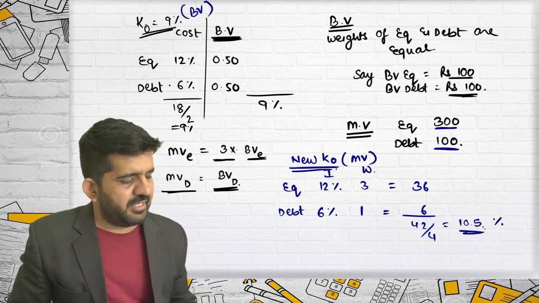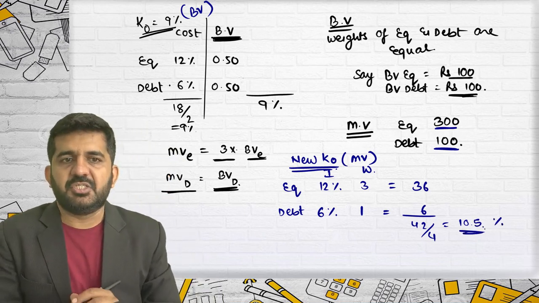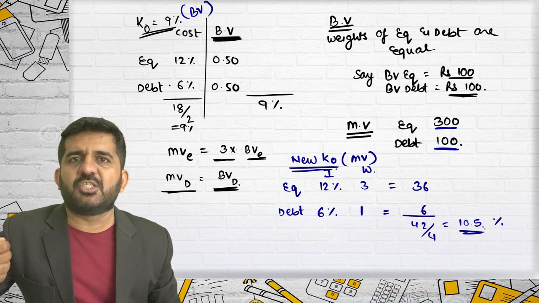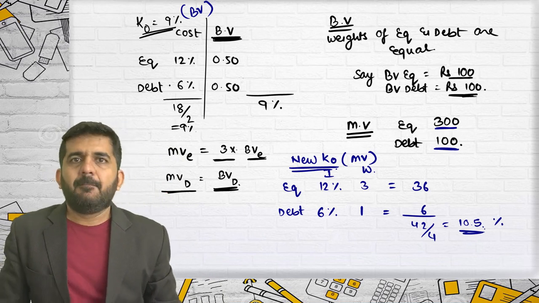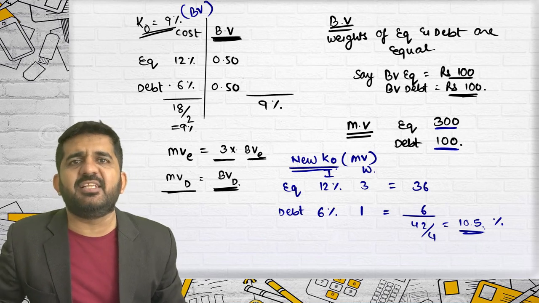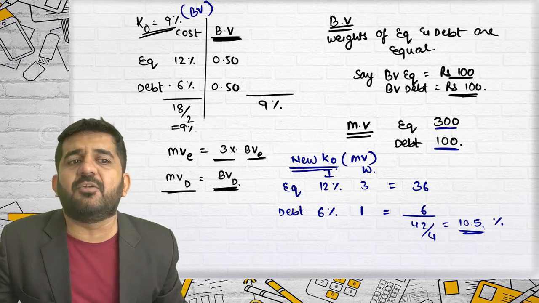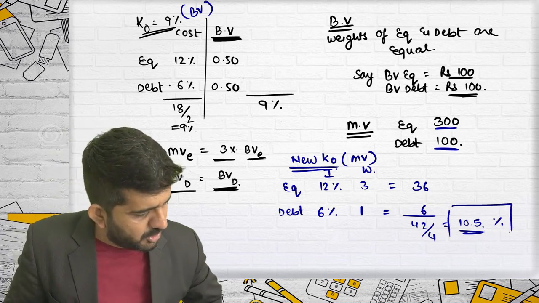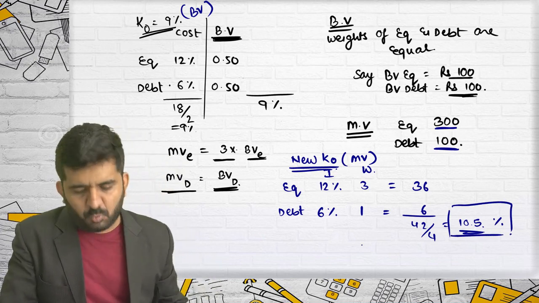It is 10.5%. So, what Ko based upon book value is 9%. But the management thinks that Ko based upon market value should be used as a discount rate. So, instead of 9%, what you should use is 10.5%.